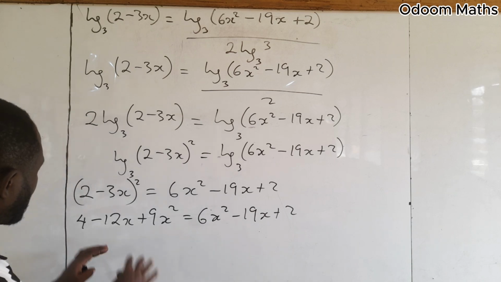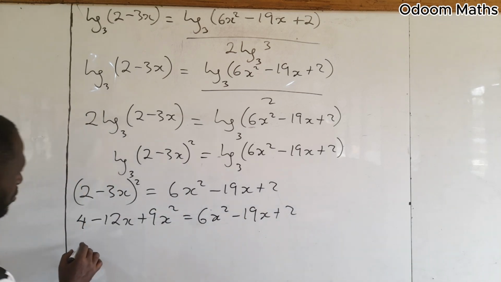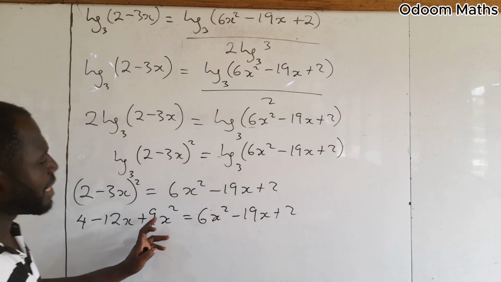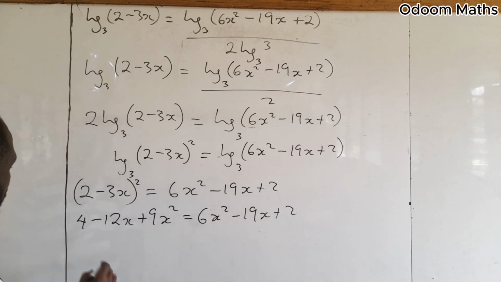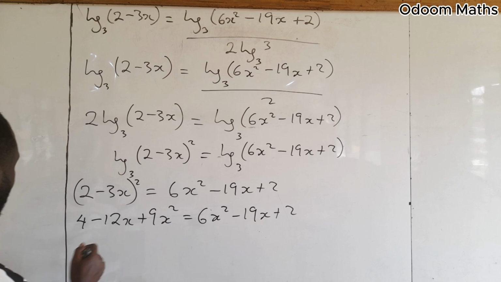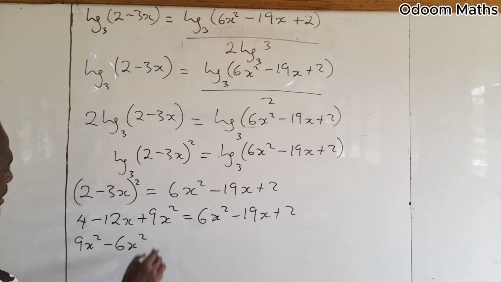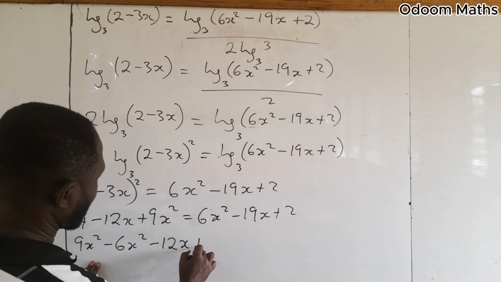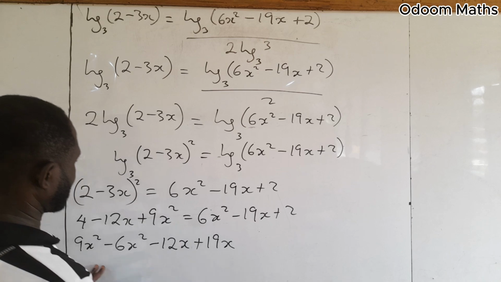Now from here, I want to send everything to that side. Let me bring this one here so that I want the x squared to be positive. I want it to be simple for me. So let me bring those here to this side. So that is 9x squared minus 6x squared. Then minus 12x plus 19x.